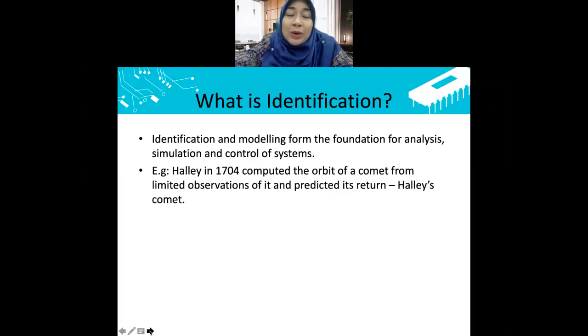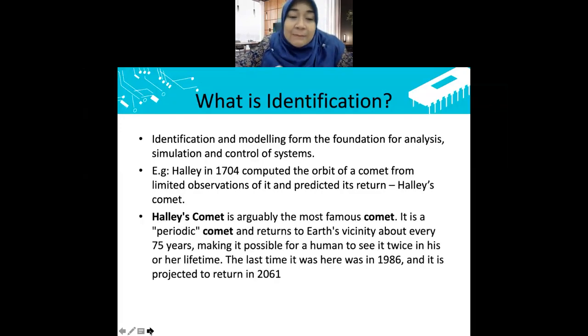The orbit of Halley's comet was computed back in 1704, and it was predicted to come back around the 1980s. And it did come back. Halley's comet is a very famous comet. It is predicted to come back every 75 years, so it is possible for us to see it at least twice in our lifetime.